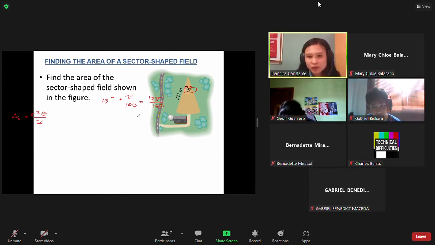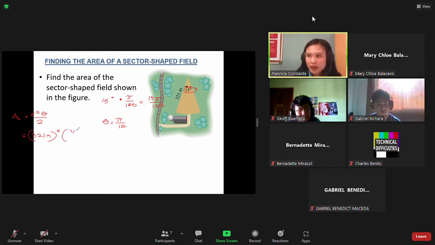Simplified form of 15 over 180 is pi over 12. So that means the angle that we're going to use in the second formula is pi over 12. Since we cannot use degrees angle form if you're going to use the second formula for the area of a sector.